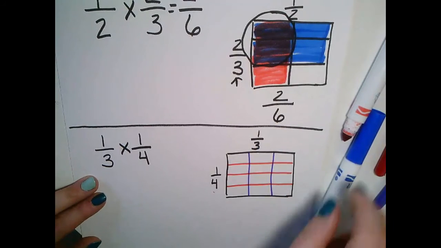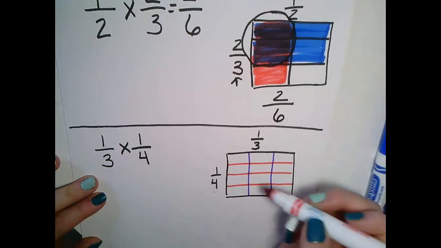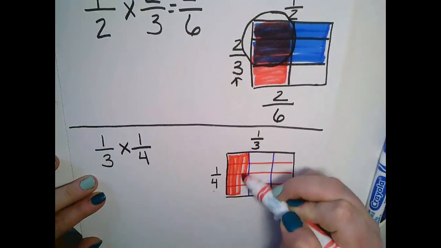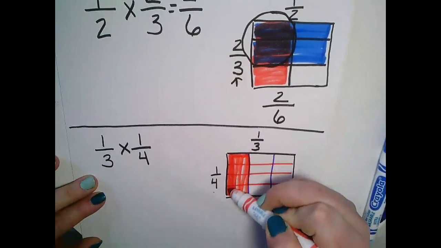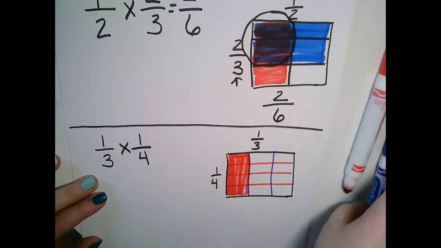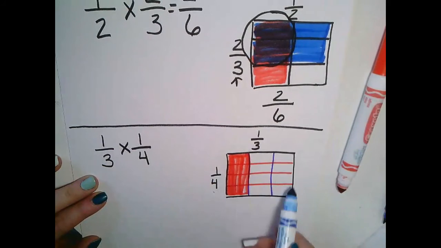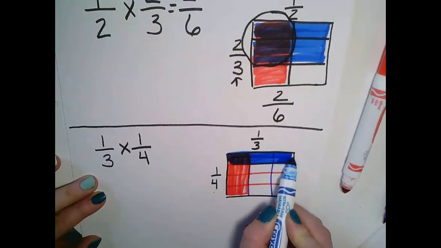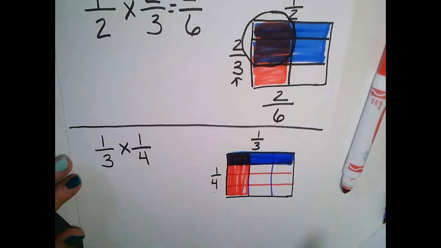So now we're going to color in 1/3. So I'm going to color in 1/3 of the total square going from up to down, and I'm going to color in 1/4 of the square going from left to right. If you would like to use different colors, you can do that.